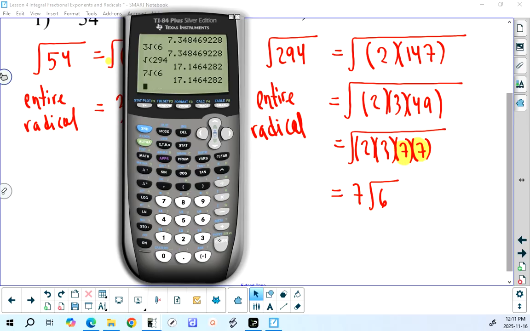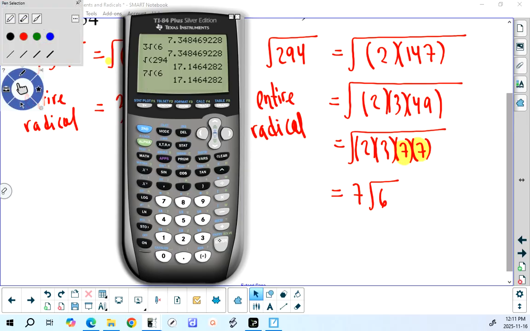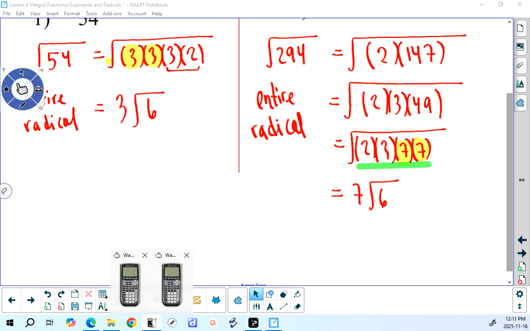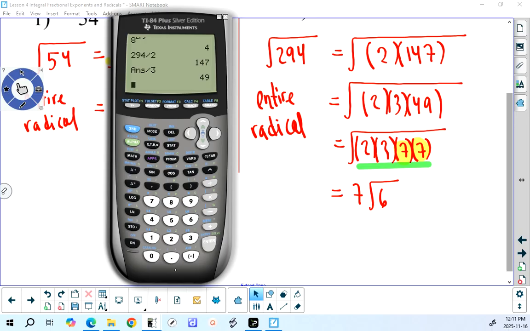You could also, at this point, where you've got all of these numbers and you're ready to finish the problem, take your calculator and just confirm that 2 times 3 times 7 times 7 does in fact give you 294. And since it does, you'll be confident in getting the next step written down correctly.